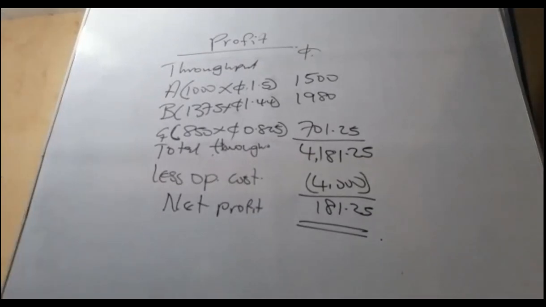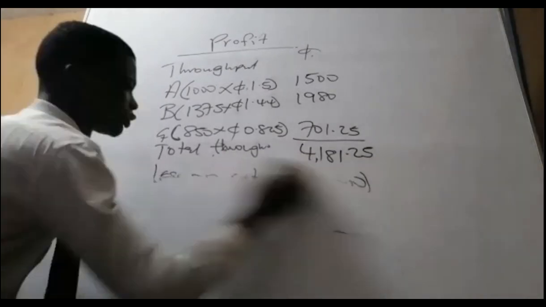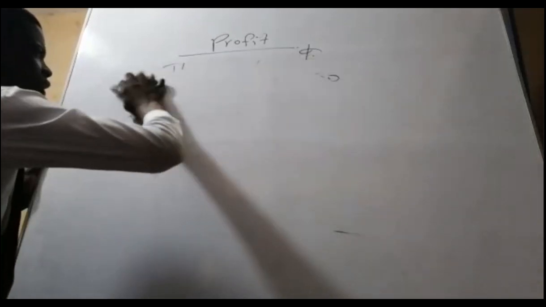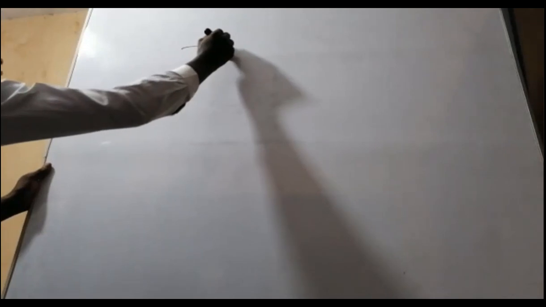We're going to calculate the throughput accounting ratio. Today's class is totally a repetition of last meeting, but a step ahead. Now we have what we call the throughput accounting ratio.